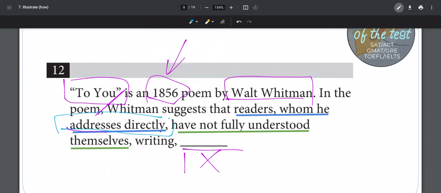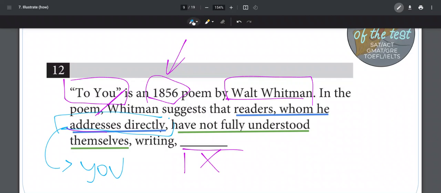To address someone directly is to tell them you. In your native language it may be a different thing, but it's basically using the grammatical second person. So you do this, you do that, I am talking to you. This is how we address someone directly. So whatever the right alternative is, it's going to address the reader directly by talking to you.